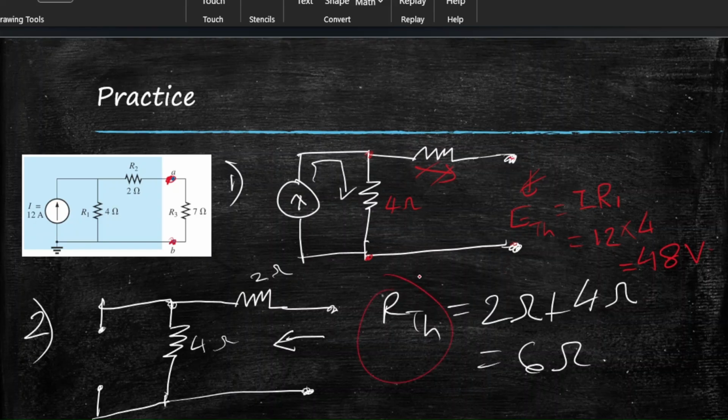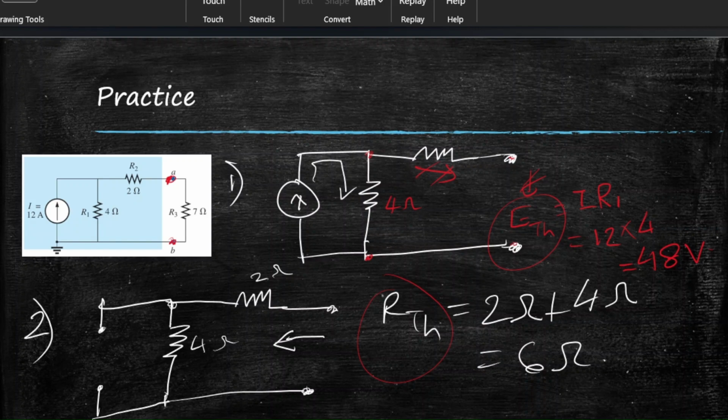So we have RTH, we have ETH. That's it. Now we can draw the Thevenin's equivalent circuit. First we draw a voltage source, denote it as ETH, and put the value of ETH, which is 48 volts.